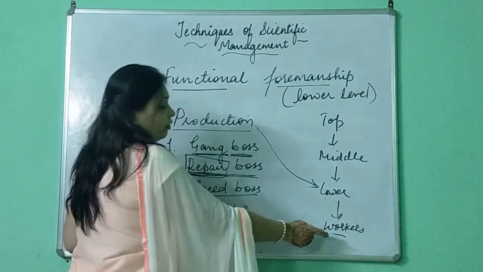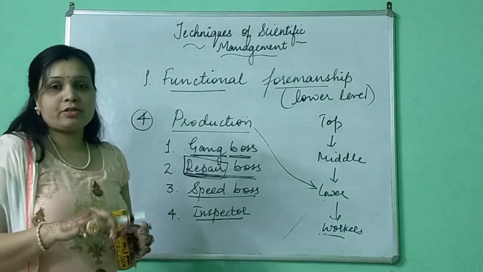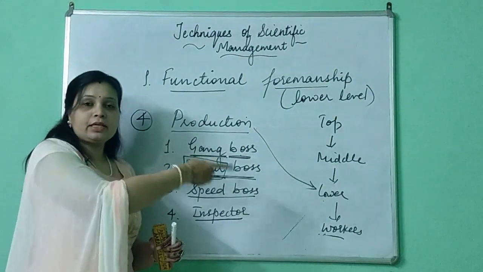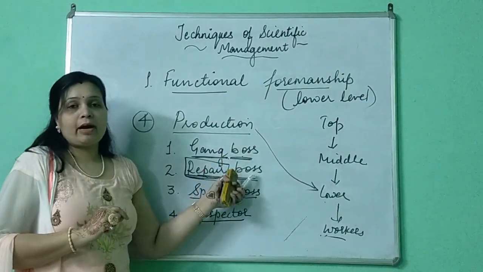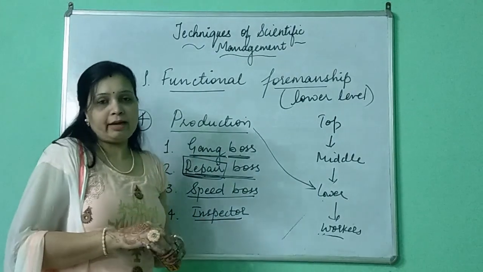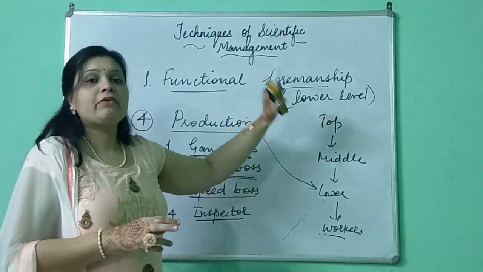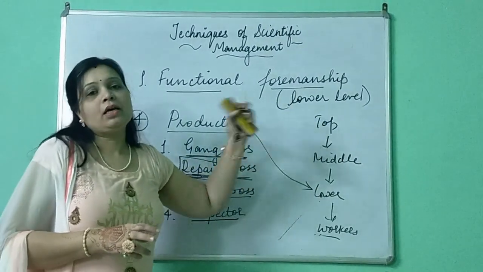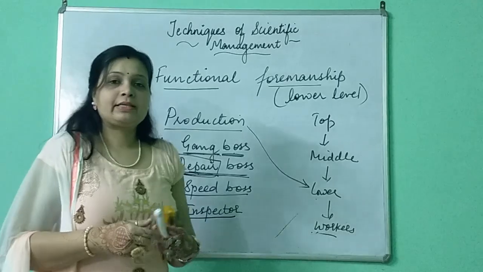But here workers are getting command from 8 bosses, 4 in the planning department and 4 in the production department. So here the principle of unity of command is not followed. These two questions can come sometimes in the exam, so you should know that this goes well with division of work but doesn't go well with unity of command. Clear? Now we will see what is the next technique.